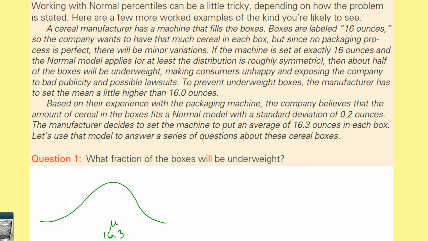So we can go up to 16.5, then 16.7, then 16.9 to 3 standard deviations. Then 16.1, 15.9, 15.7, and I am going to erase my bell curve and try that again, just because it's going to drive me crazy.